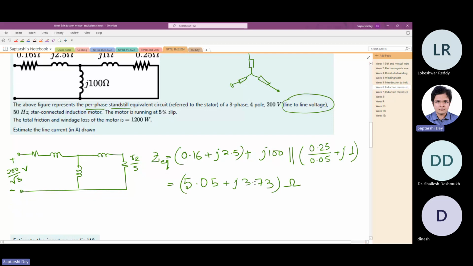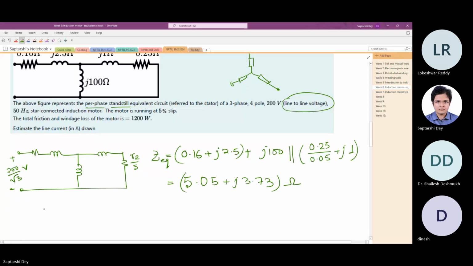So then what will be the line current? The line current will be simply 200 by root 3 by the magnitude of the impedance, and this will give you some 18.38 ampere.